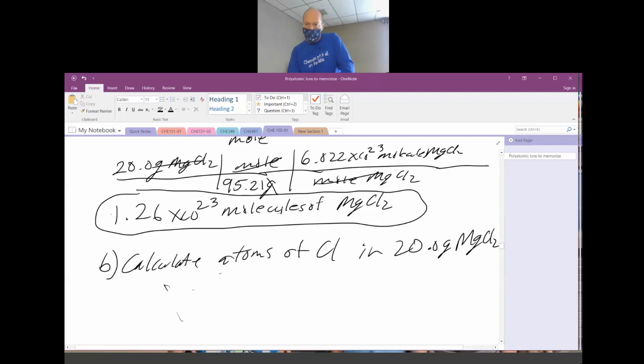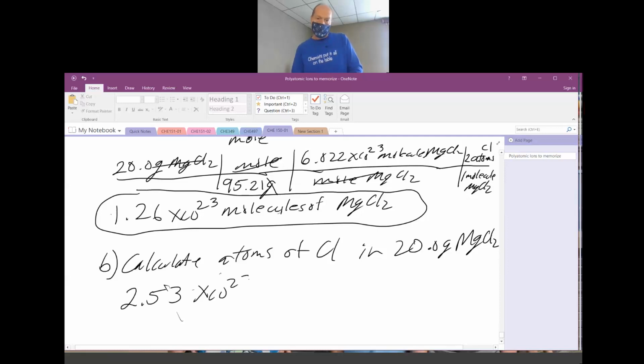Then you keep going: you have 2 atoms of Cl in 1 molecule of MgCl2, so you simply multiply this number by 2. Your answer is going to be double this, 2.53 times 10 to the 23rd atoms of Cl.